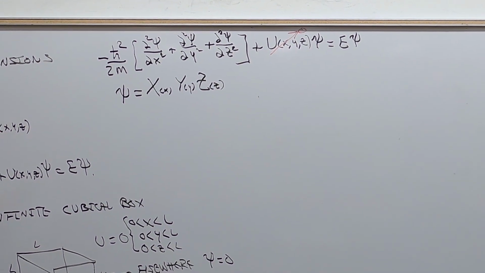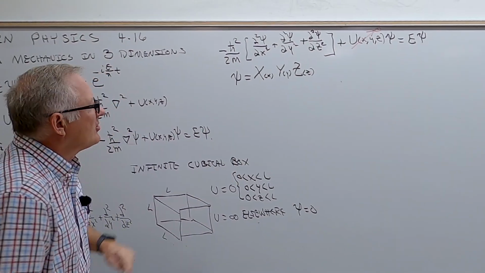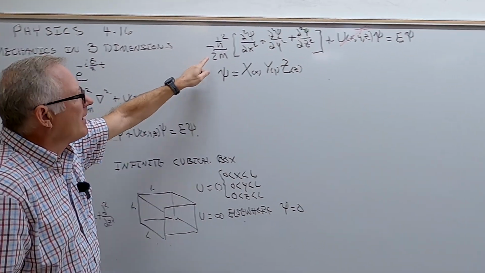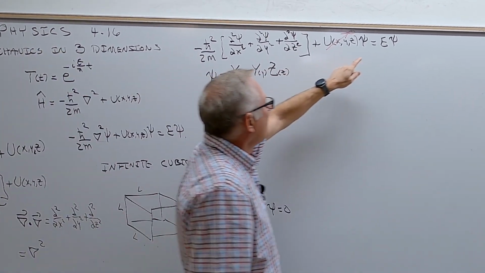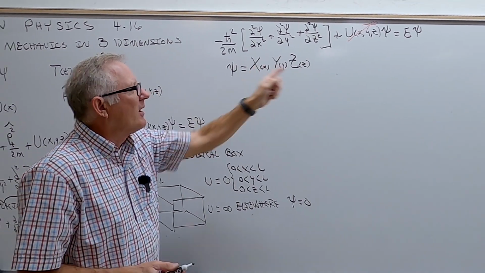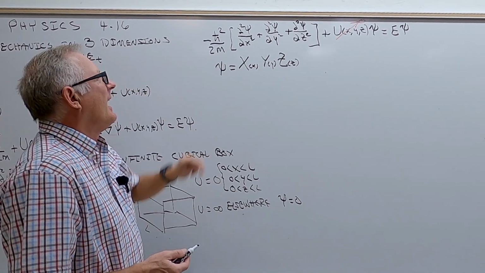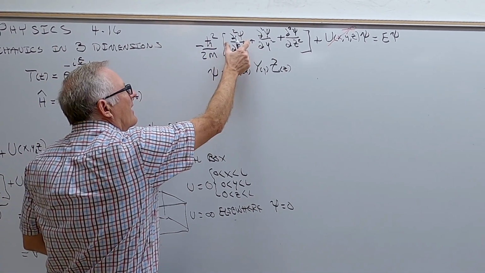Now if we plug this in, I think I'll multiply everything by minus 2m over h bar squared. So this side becomes minus 2me over h bar squared, and I don't have the u anymore.